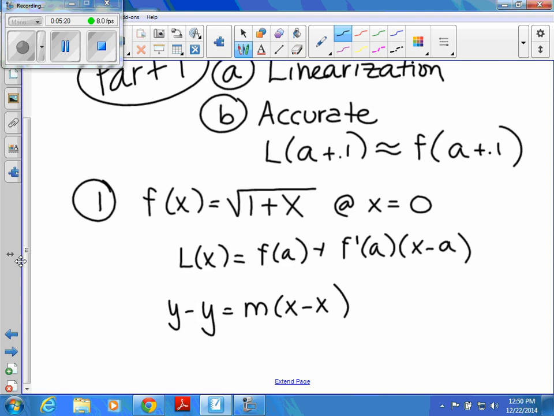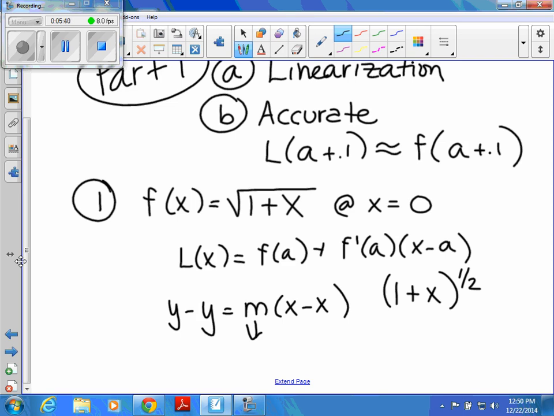Okay, here we go. So, the first thing we need to do is find the derivative of this. Why? Because that needs to go in here, right? Do you see that the square root of 1 plus x is 1 plus x raised to the 1/2 power?